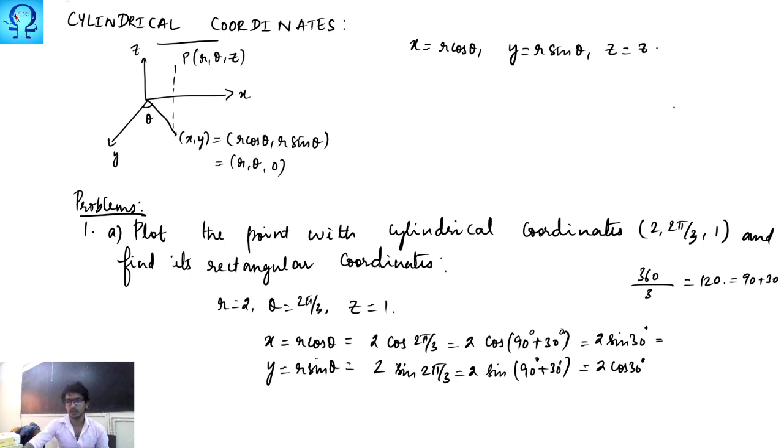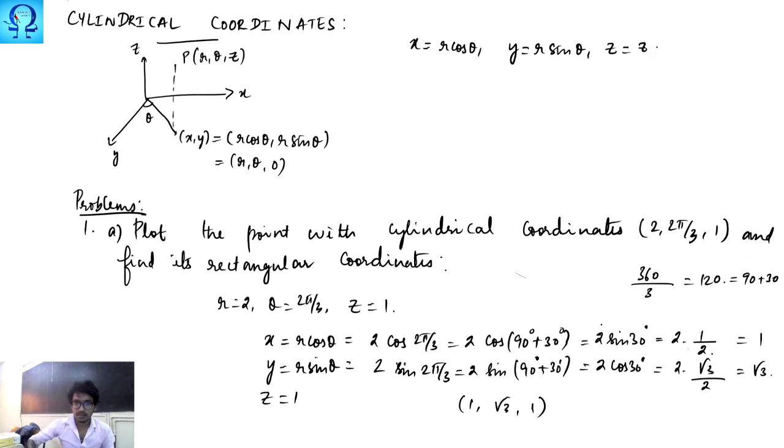So sin 30 is 1 upon 2, so 2 multiplied with 1 upon 2, and here it's going to be 2 multiplied with root 3 upon 2. So it is simply root 3 for y, and z remains 1 as it is. Sorry guys, here we'll have a minus, so it is going to be minus 2 times 1 upon 2, so it is going to be minus 1.